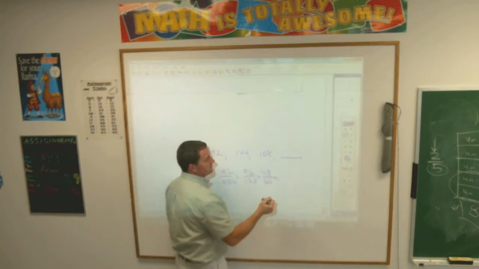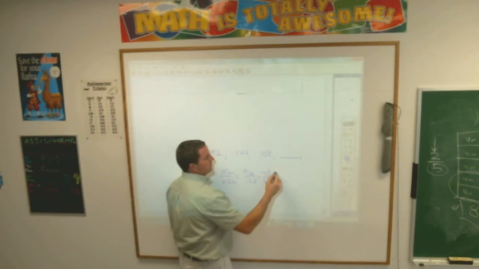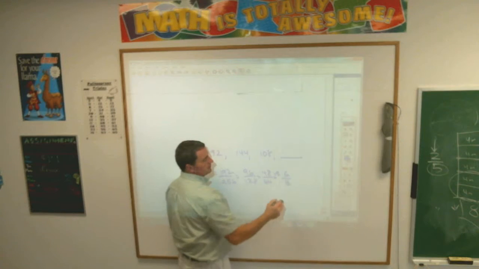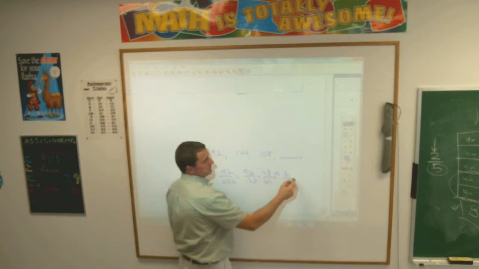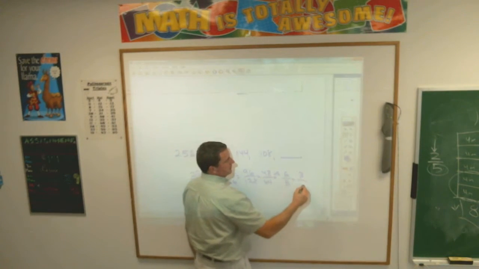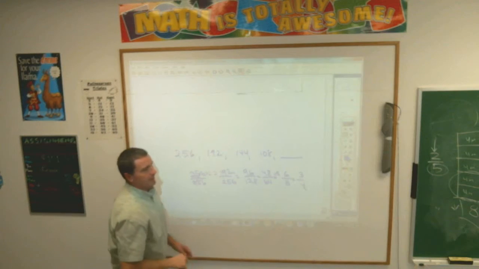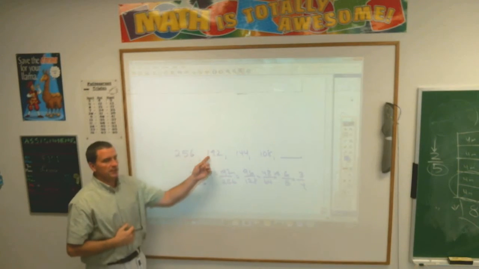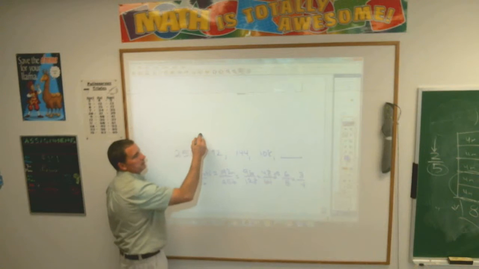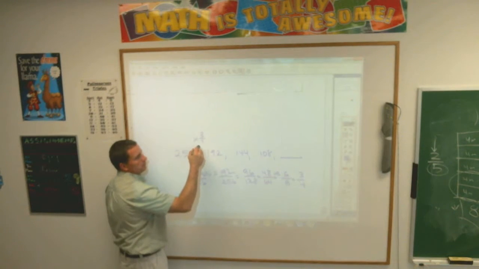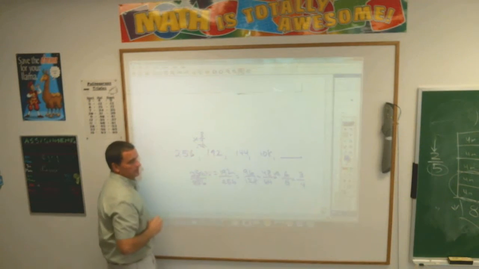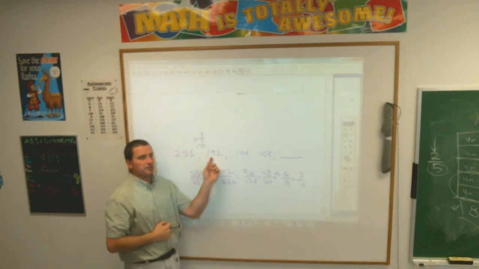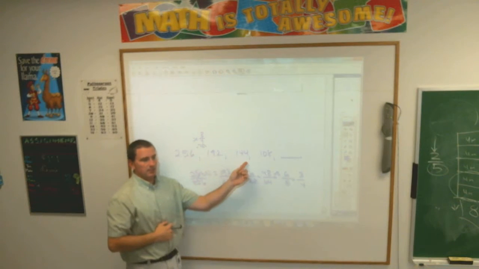What goes into 48 and 64? Divide them by 16. You get 3 over 4. So to go from this to this, you can either multiply by the fraction 3/4 or by the decimal 0.75. You're going to get the same thing. If I multiply this by 0.75, I get this.